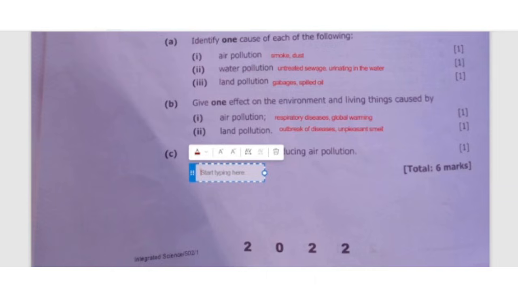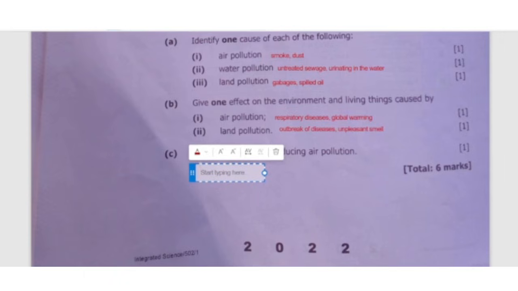Sometimes what we can do is try to use a different method of energy that doesn't release fumes or smoke. So if you usually cook on firewood, you can switch to something that releases less smoke into the air.